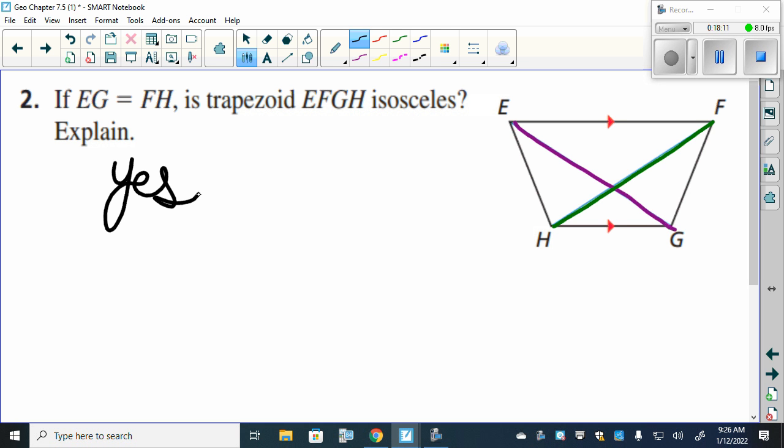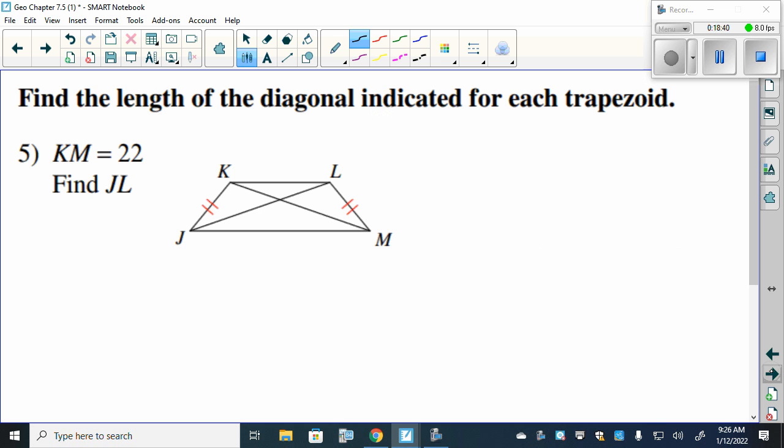And that's going back to our isosceles trapezoid diagonals theorem. As if the diagonals of a trapezoid are congruent, then it will be isosceles. Any questions on this here? And I'll come back to this if we have time.